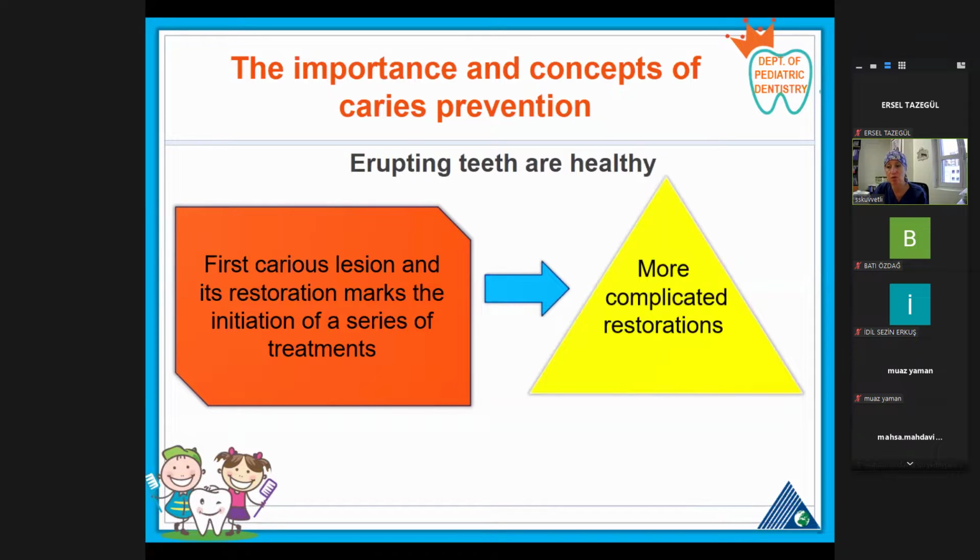Then these are the more complicated restorations, and sometimes the individuals lose their teeth due to these failing restorations. Then we need to extract the teeth, and then we need to place implants. So the first caries lesion is the beginning of the whole story. So what we need to do is to help people to maintain healthy teeth without dental caries.